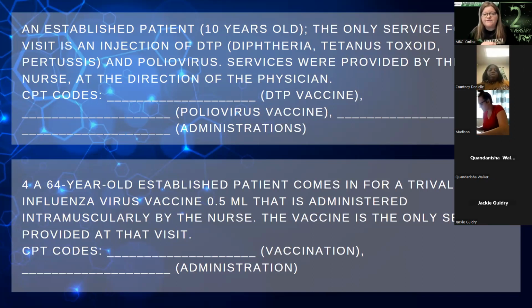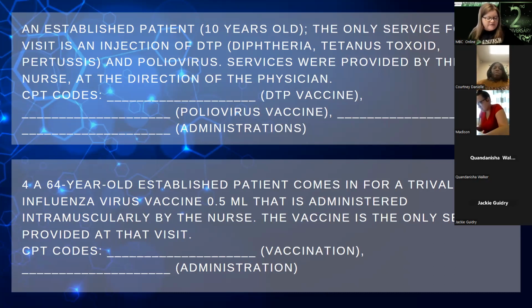So don't stress if you pick a word and you follow that through the CPT book and it doesn't get you to where you need to be. Just pick a different word and start over. I always tell my students that I start with the word that I don't know. That's usually the key word, the medical term that I'm just not familiar with. That's probably what I need to be looking up.